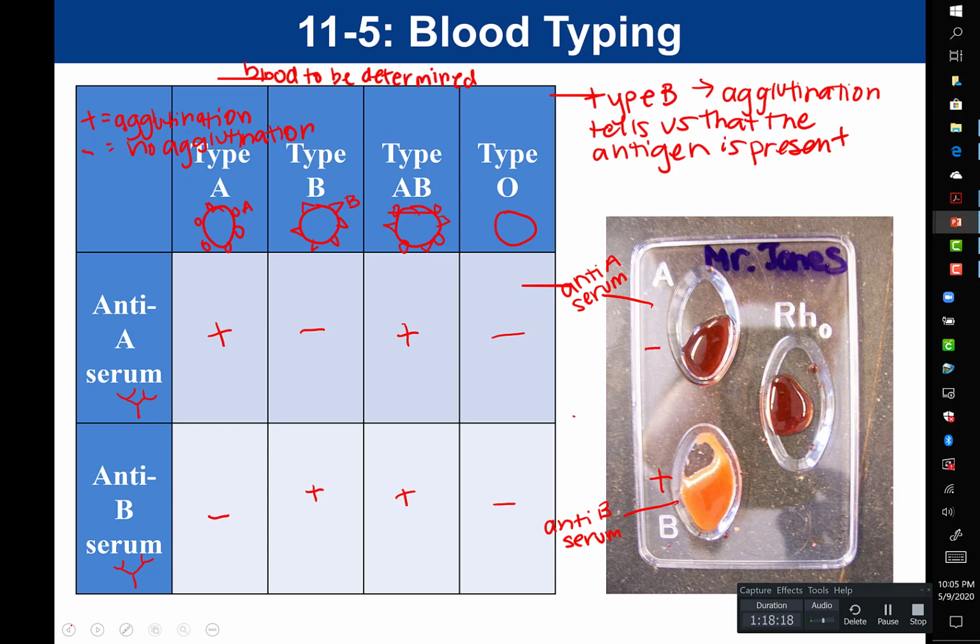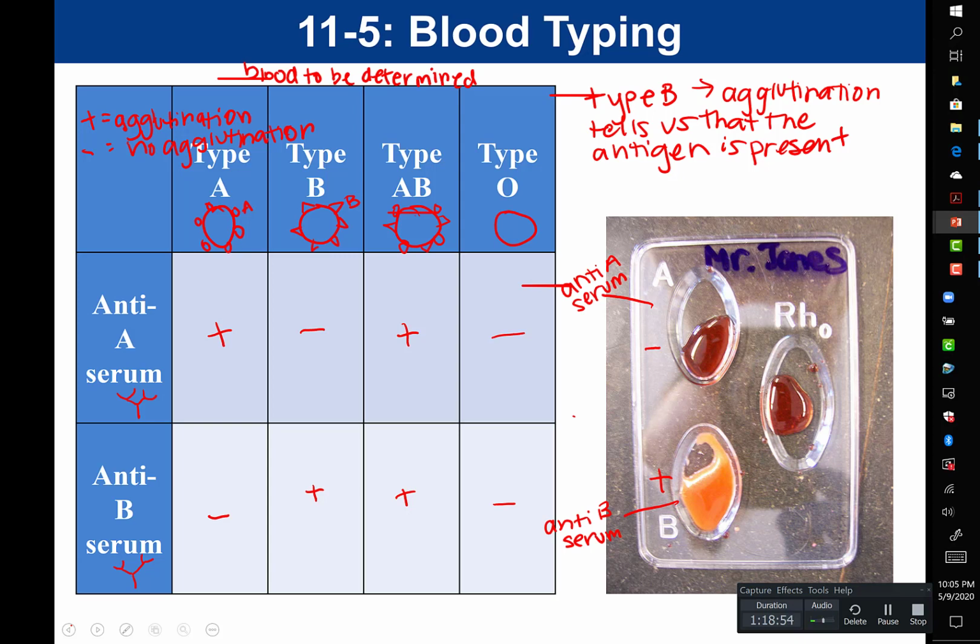So again, look for agglutination. If you see clumping, that tells you that that antigen is present. So if we get clumping in only B, that means that the patient has type B blood. If we get only clumping in A, the patient has type A blood. If we get clumping in A and B, that means they have A carbohydrates and B carbohydrates, which means they're blood type AB.